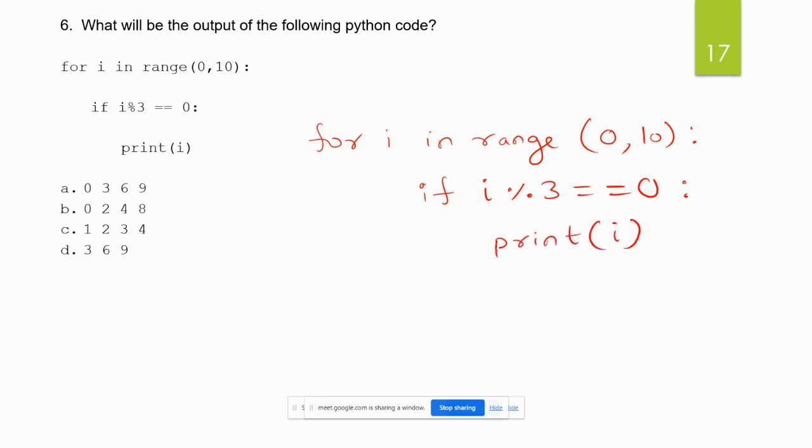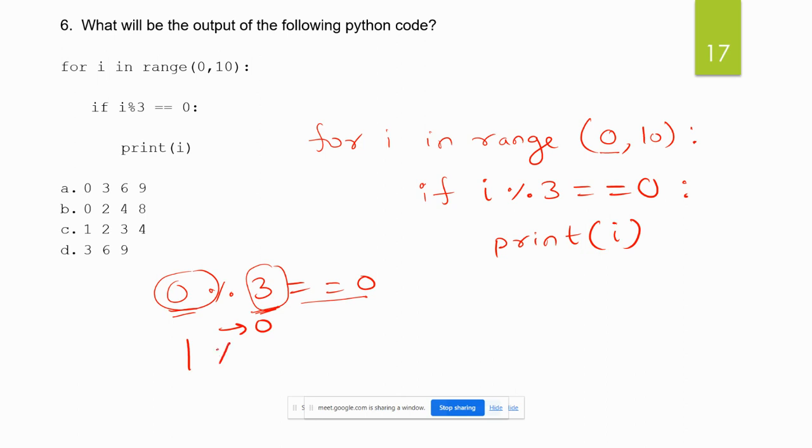So what will happen? First 0 will come, and 0 percent 3 equals 0. That means the remainder should be 0 when it is divisible. So 0 divided by 3, yes, it will print 0, because i value is 0.